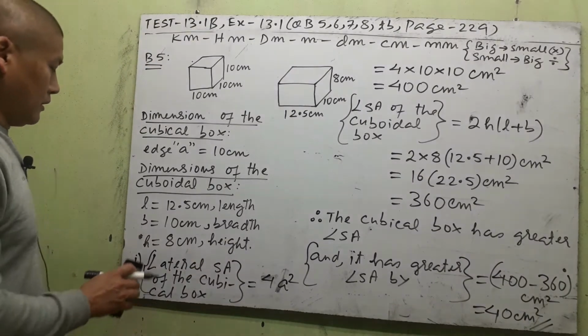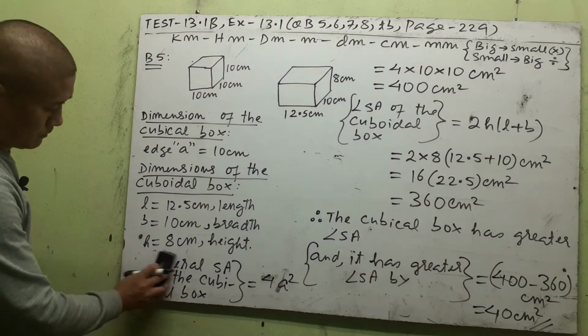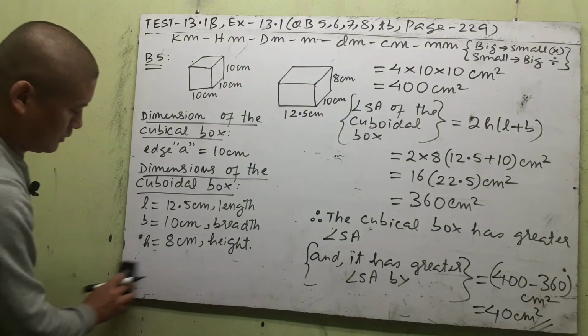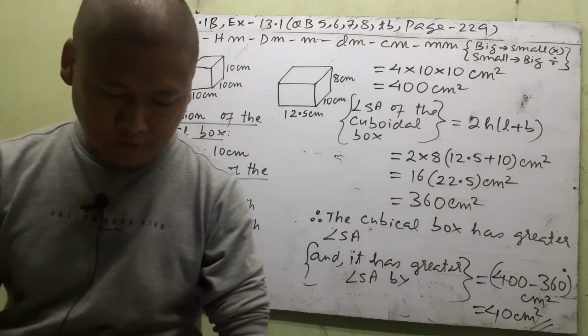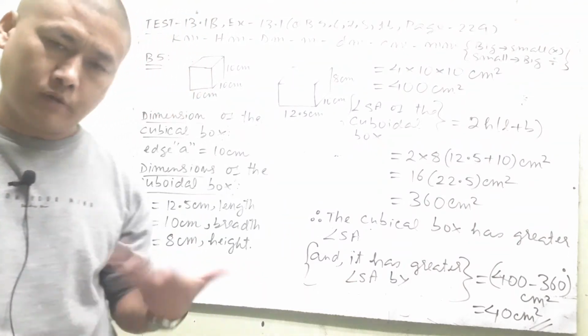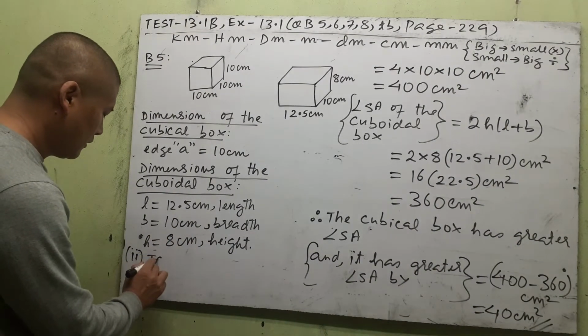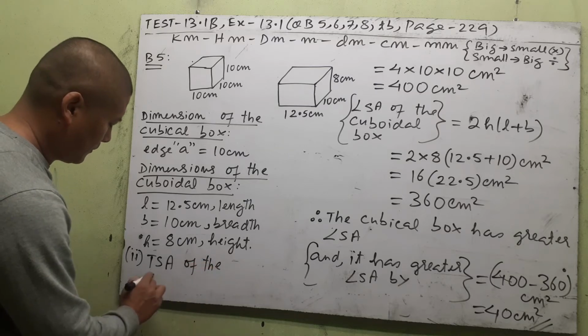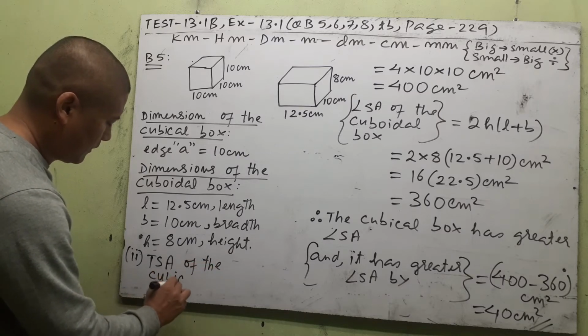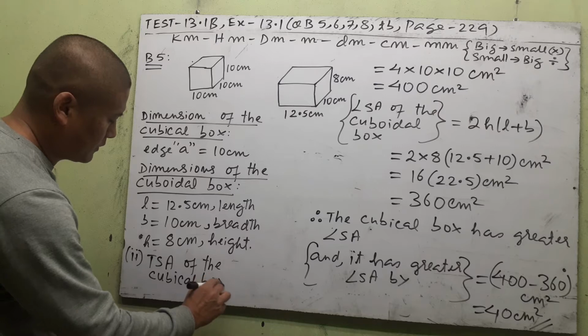Okay, first answer. Then let's go to 2. Second point is, let's read the question. Which box has smaller total surface area? We don't know, so we find again total surface area separately of the cubical box. Let us find first.